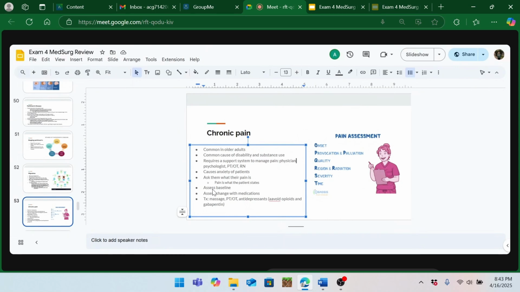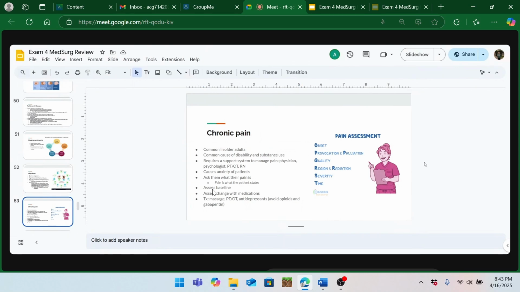And then treatment's going to be massage, PT, OT, antidepressants. We don't want to treat with opioids and gabapentin because obviously we don't want anybody on opioids long term, and gabapentin too. It's for nerve pain, so we just don't want those people consistently on that. And then here's your pain assessment.